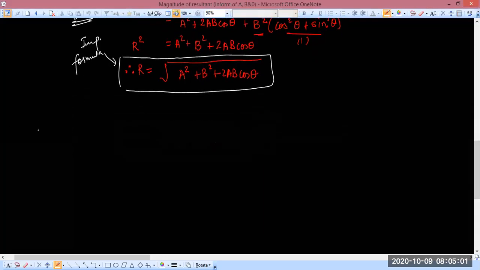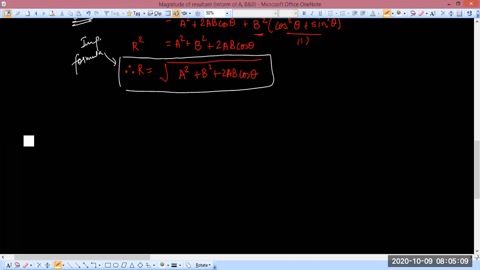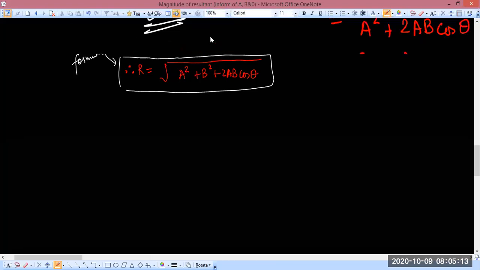Suppose two vectors are given to you. Let's say we're just solving one question related to this.